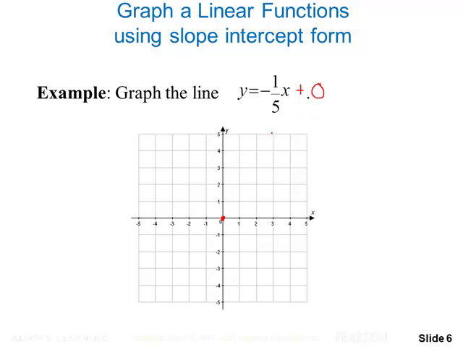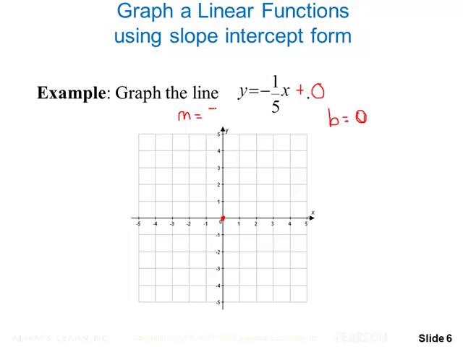I'll just write our y-intercept out. The slope is -1/5. So here again I have to choose whether the numerator or the denominator is negative.